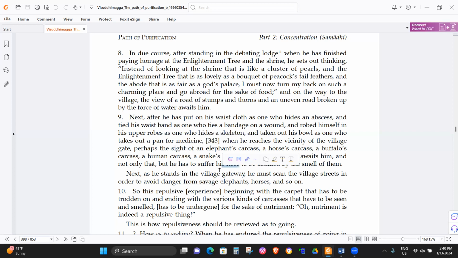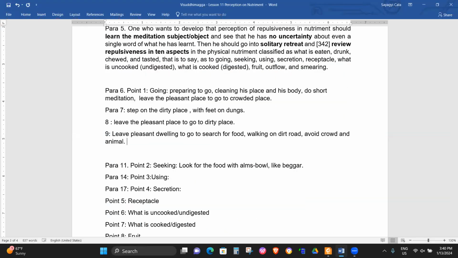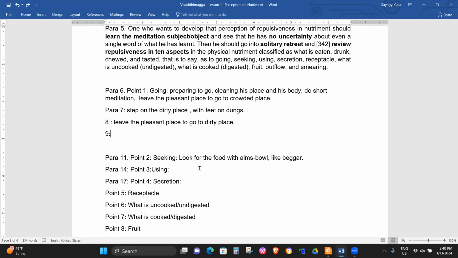Bad smell. Yeah. So here he's trying to explain that he suffers from bad sights, ugly sights and ugly smells, right? Ugly sights like the cow dung or the animal carcass, and then the smell.